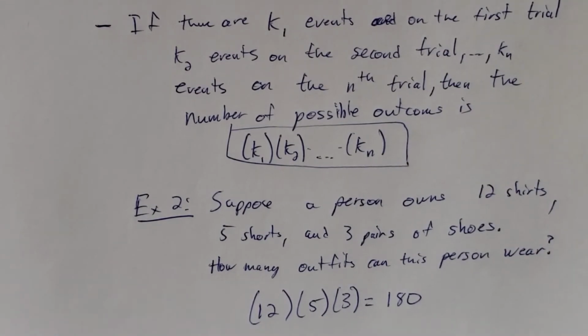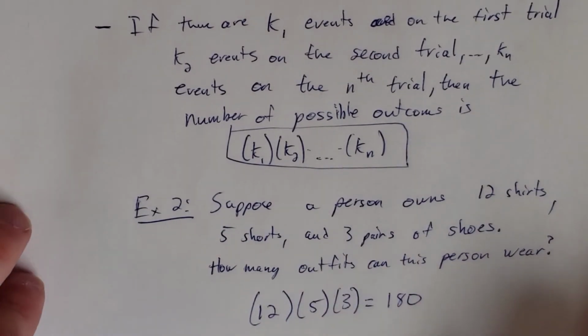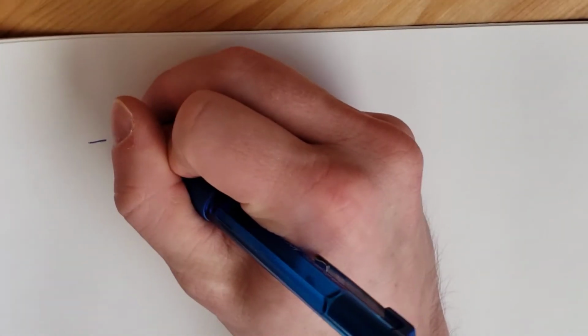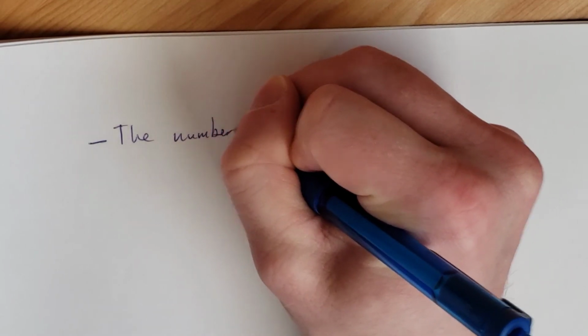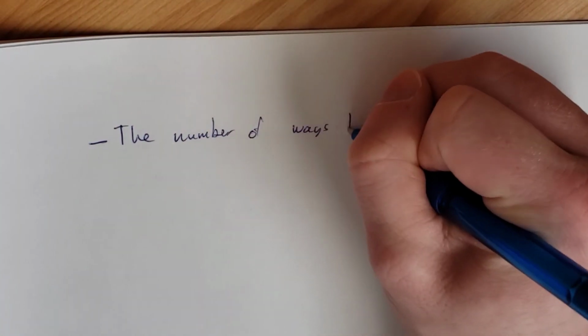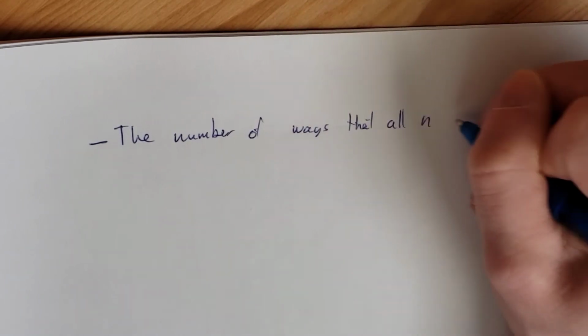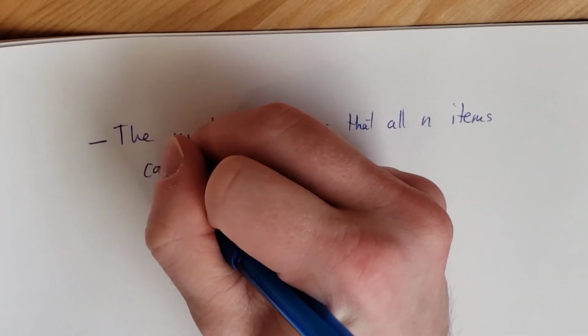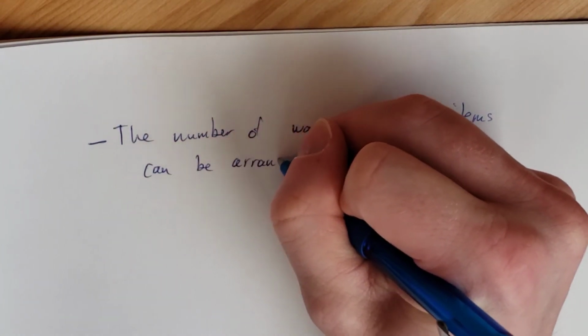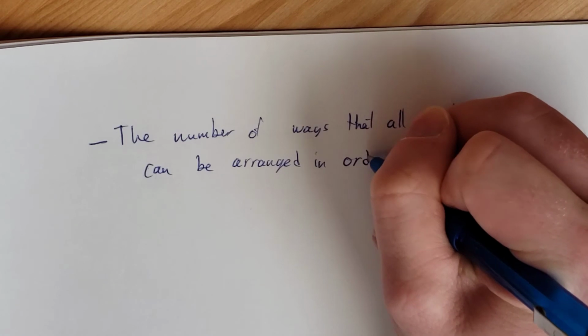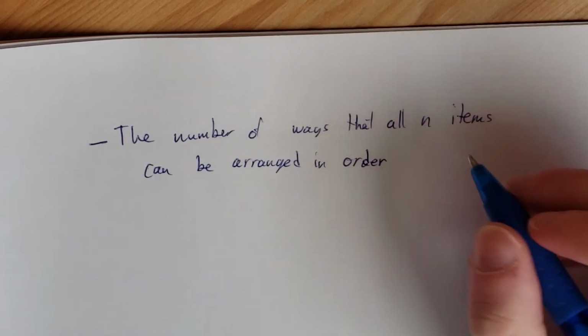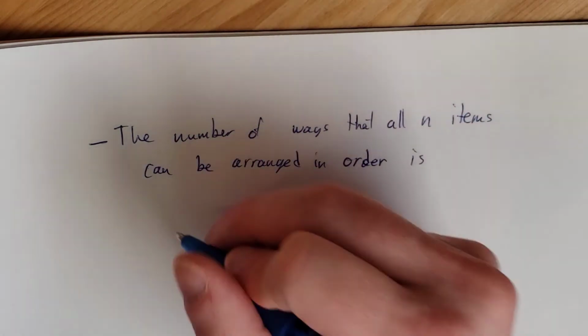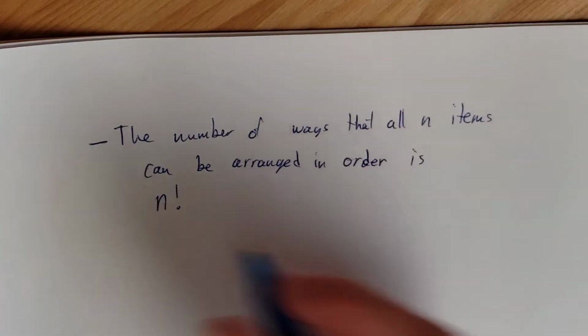All right. We have one more rule that we're going to look at in this video, and then we'll do 2 more complicated rules in the next video. So our third rule is that the number of ways that all n items can be arranged in order is n exclamation point.